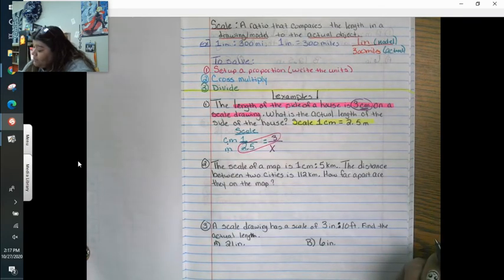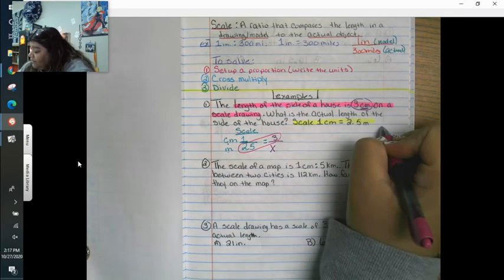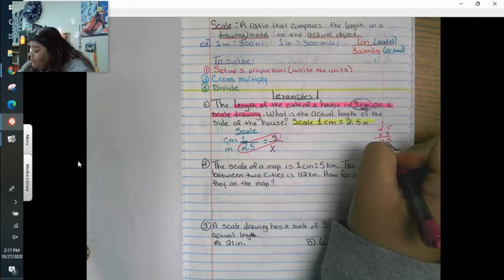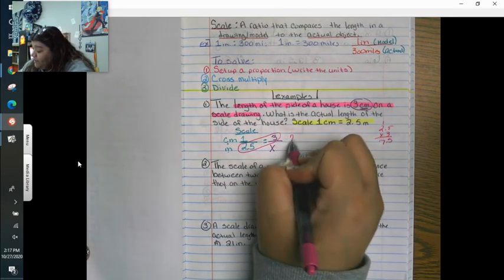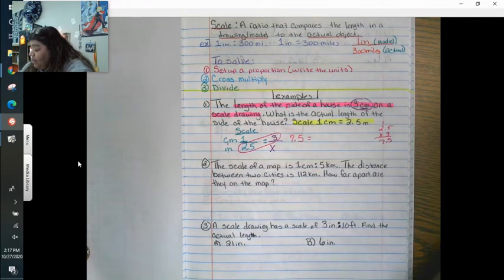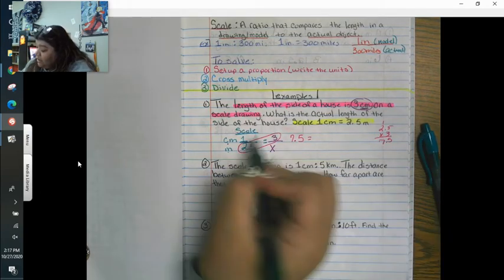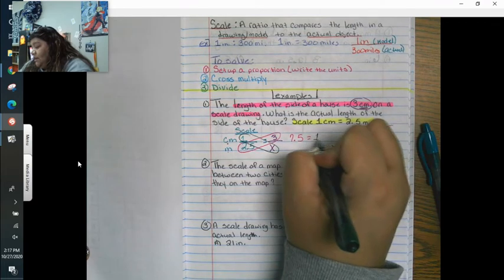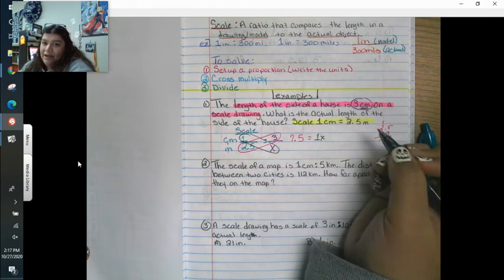So 2.5 times 3, let me do my math to the side over here. 2.5 times 3, and 1 decimal, I got 7.5. 7.5 equals, and then we go in the opposite direction, 1 times x. Oh, that's going to be easy. I love scales because you're going to have a 1 in there.